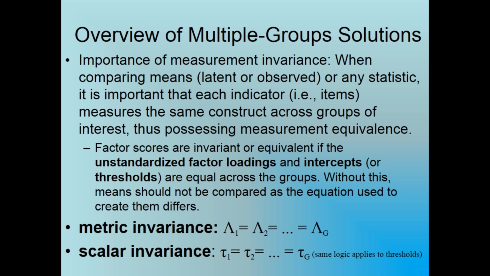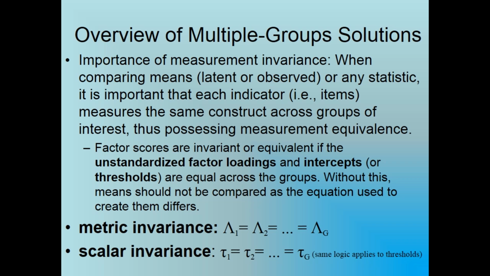For example, if you want to compare management styles for males and females, and you do a simple t-test, you're making the assumption that those scores were created in the exact same way for both males and females. Typically what one would do is just sum those scores, get the mean of those scores, and then do an independent samples t-test. However, that's a problem if you do not have measurement invariance.